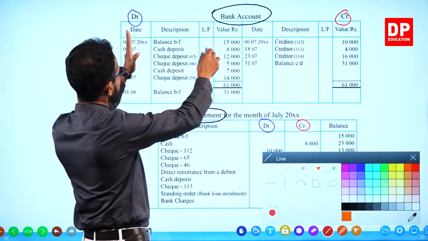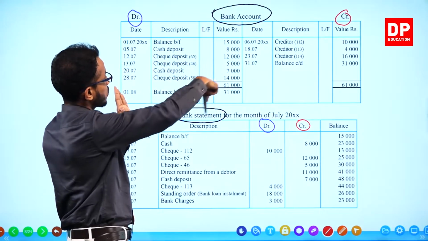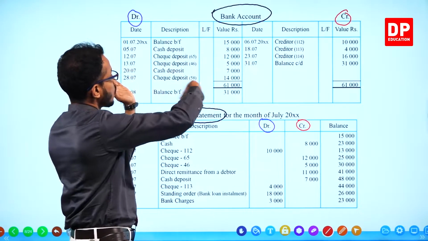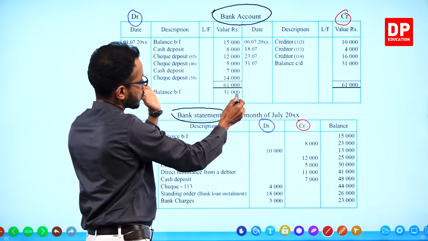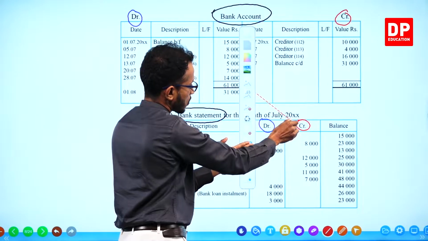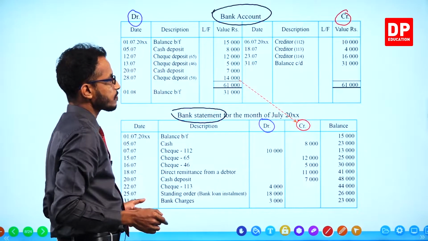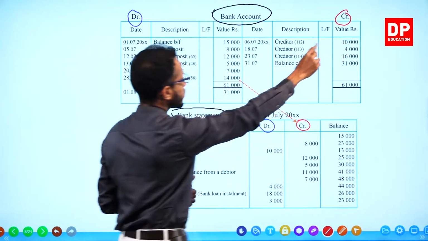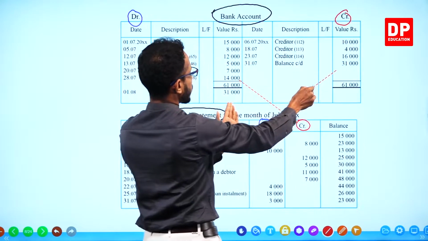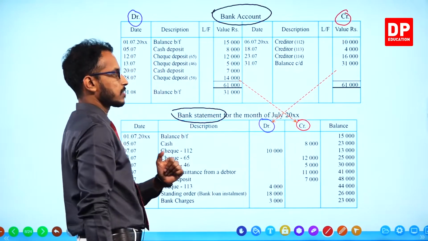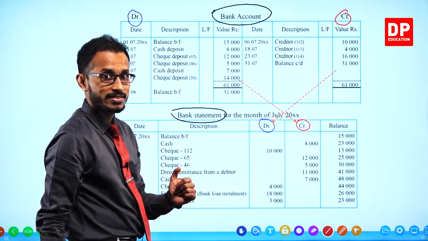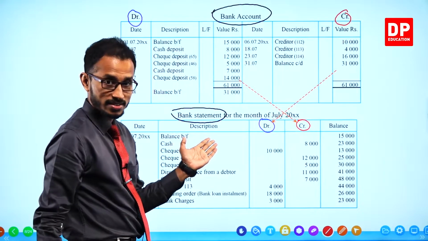Debit this side. Let's focus on the amount column, the value column. So the debit value column should be compared with the credit. The credit side value column should be compared with the debit. Got it? You know the reason, right? Yeah, of course.